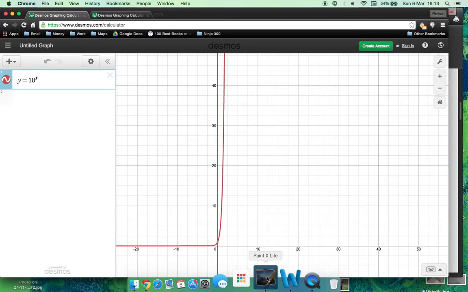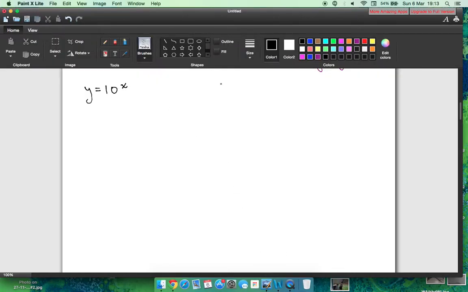Okay, given the function y equals 10 to the power of x, let's quickly draw a table of values. So I'm just going to use the values 0 to 5. And for each x value, I will plot a corresponding y value.